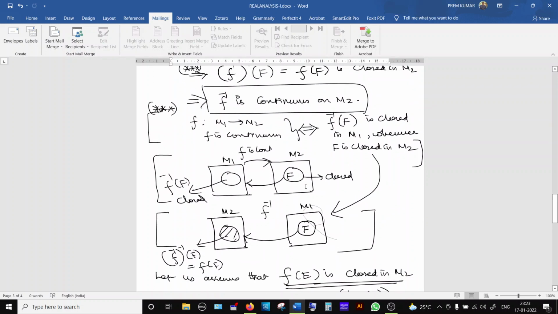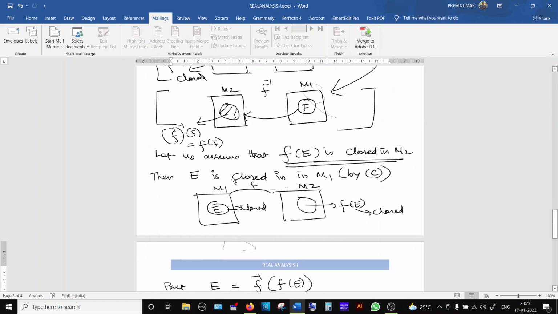Okay, now second, we have to prove that the function f is continuous. So now again we are going to use the result C. That is, C is an if and only if statement. So now we are going to assume that f of E is closed in M2. Therefore, according to C, E is closed in M1. So that is by 3. That is an if and only if statement.